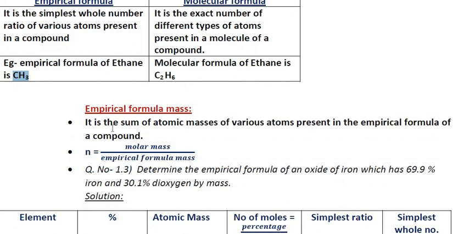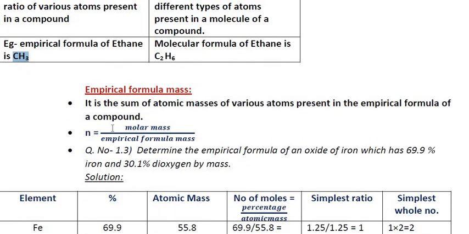Now let us learn some formulas related to empirical formula, and then we will do a question based on it, which I have taken from the NCERT book itself. Another term is empirical formula mass. It is the sum of atomic masses of various atoms present in the empirical formula of a compound.